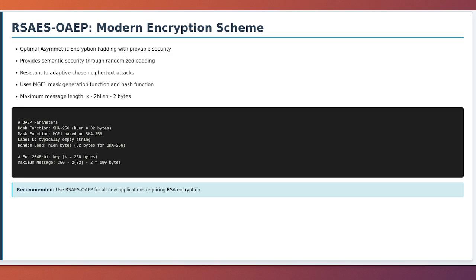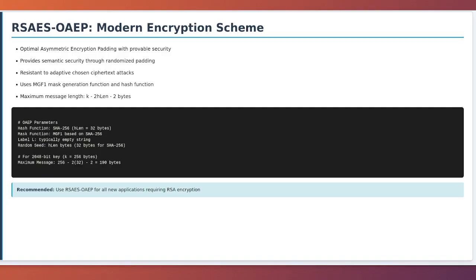The maximum message length that RSAES-OAEP can encrypt depends on the key size and hash function. For a 2048-bit key using SHA-256, you can encrypt at most 190 bytes of data.